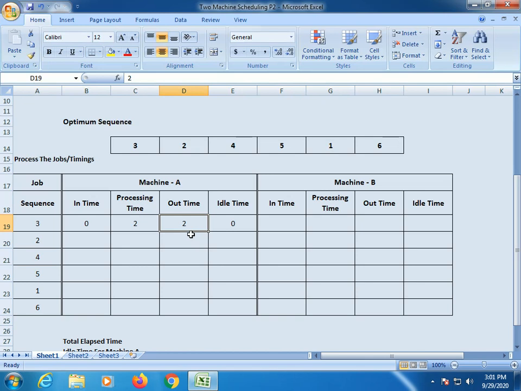That means at 2 hours we can start the next job.